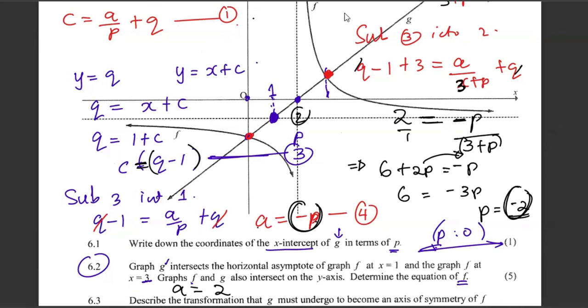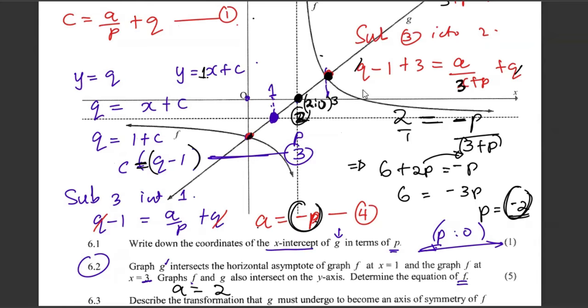Because what we found is this 2, and we know that at this point, it's a 2 and 0. And then what else did we find? This is a 3, but we don't know what the y value is at that point. But one thing we know is that the gradient of this is a 1. So if the gradient is a 1, we can find one value there.